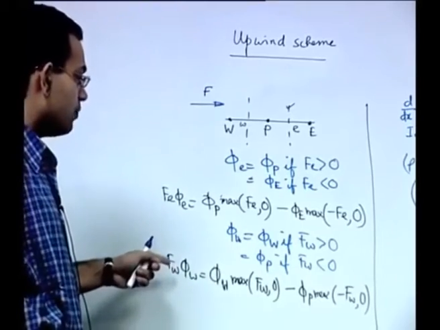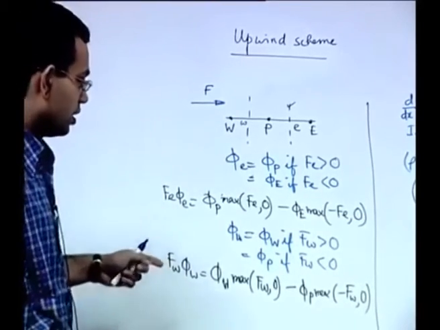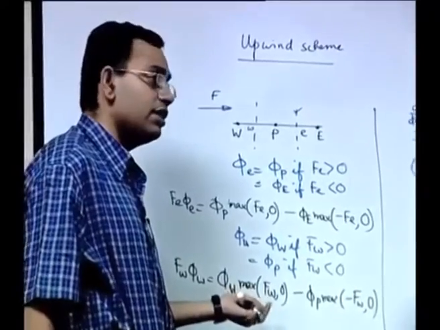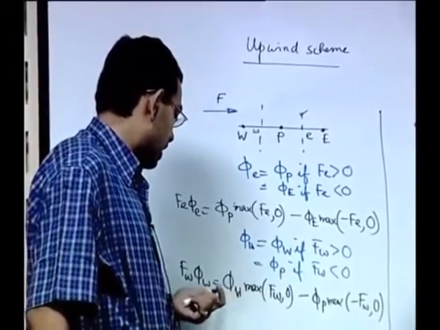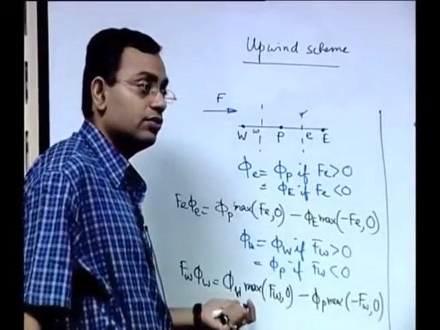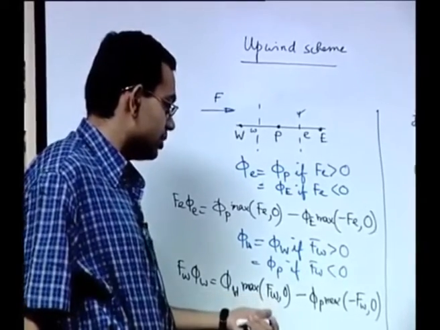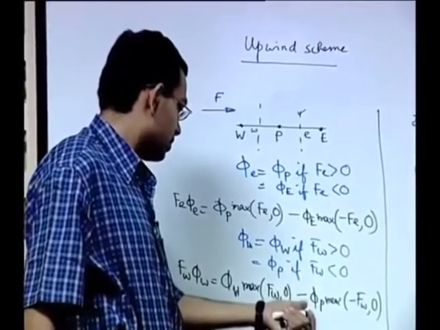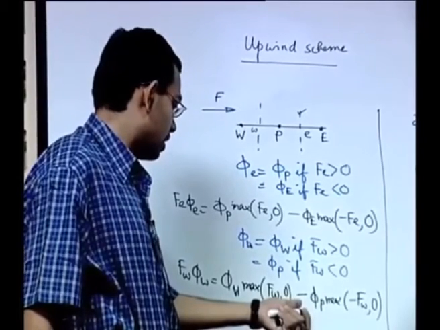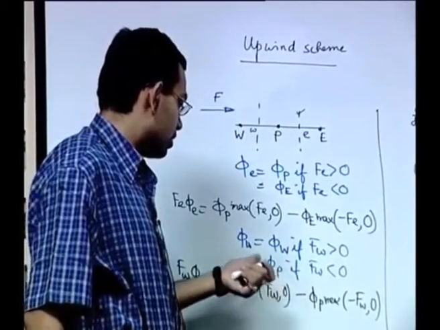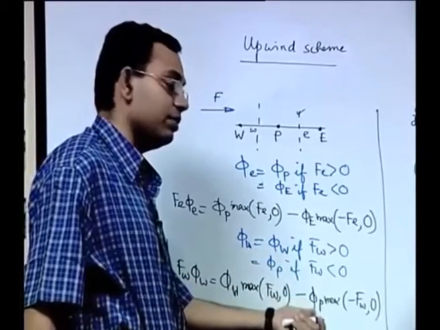If F_w is greater than 0, then the first term will only be there, so phi small w becomes phi capital W. And if F_w is less than 0, then the first term is not there, the second term, so phi_w becomes equal to phi_P.